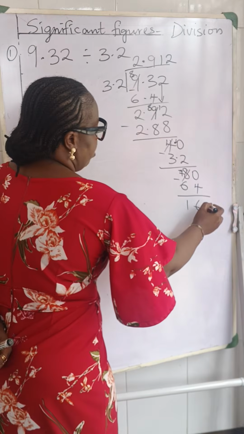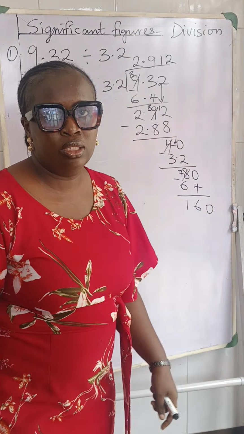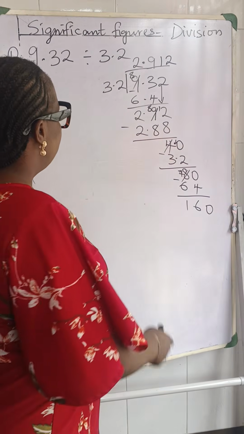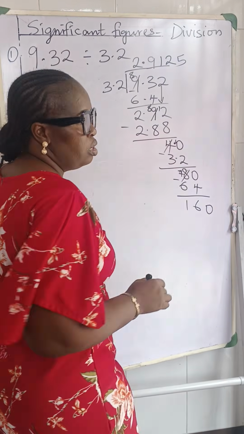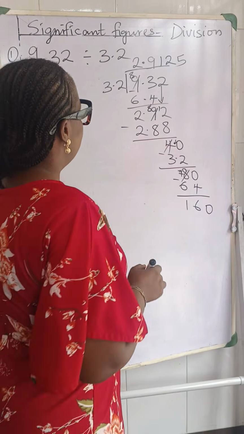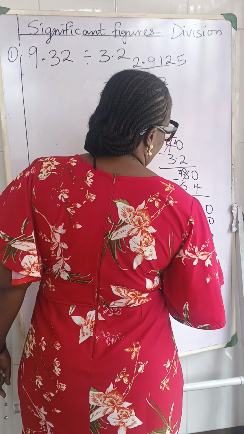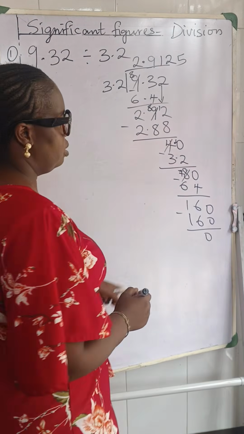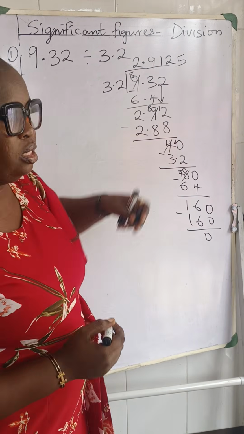Then we add our 0. 3.2 going into 160 will give us 5 times. 5 times 3.2 still gives us this. And it has ended, right? We have cleared it to 0 because it has a decimal.